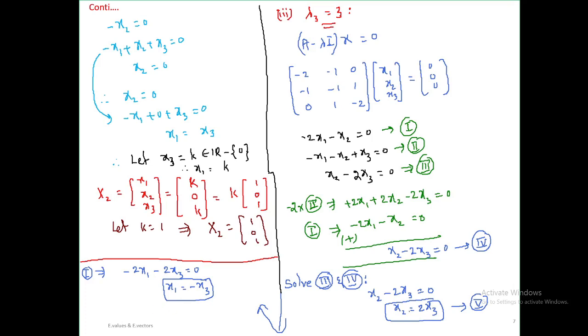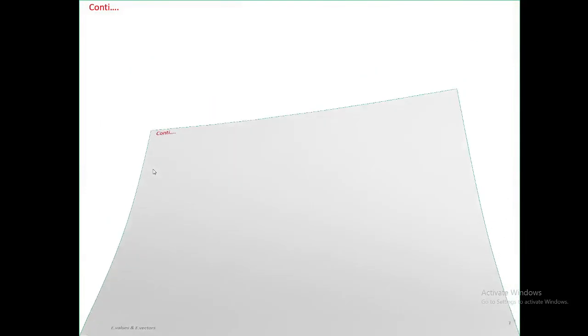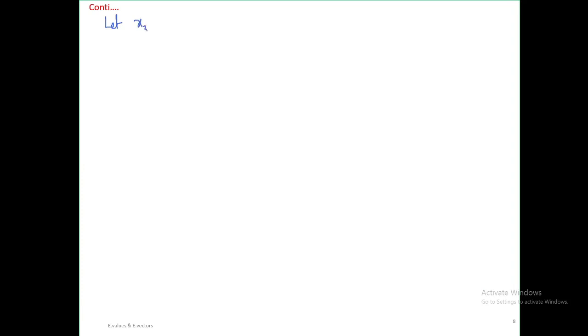So now, look at these two new equations, the fifth one and the sixth one. The common variable is x3. So let us call x3 equal to some k, which is from the real number system, particularly a non-zero real number.